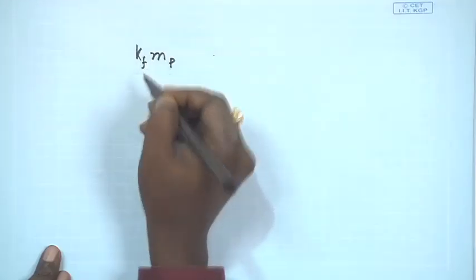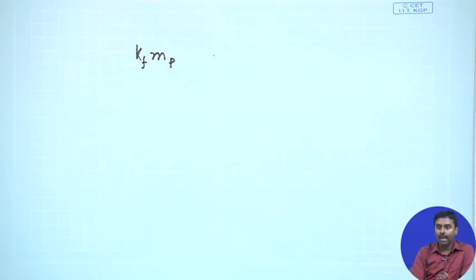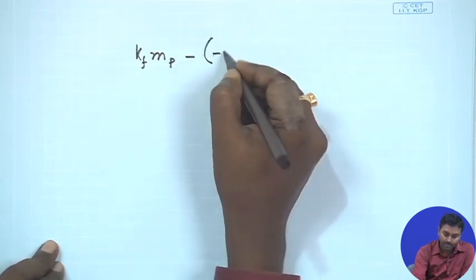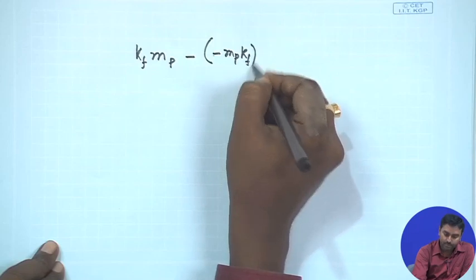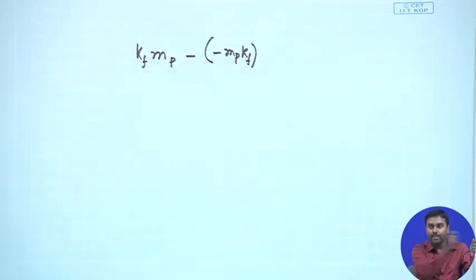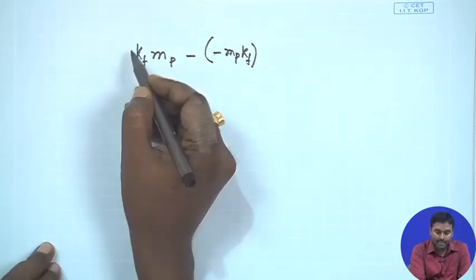My maximum signal is mp, so kf into mp is the maximum angular frequency deviation that I can create around omega c, and the minimum angular frequency should be minus mp into kf, right, because the minimum signal will be minus mp. So this is the deviation between the maximum frequency and minimum frequency that I get, in omega.